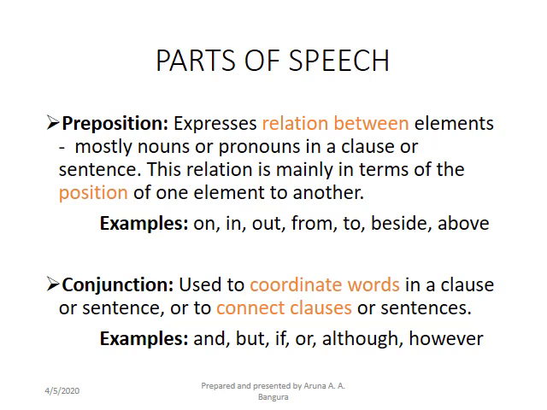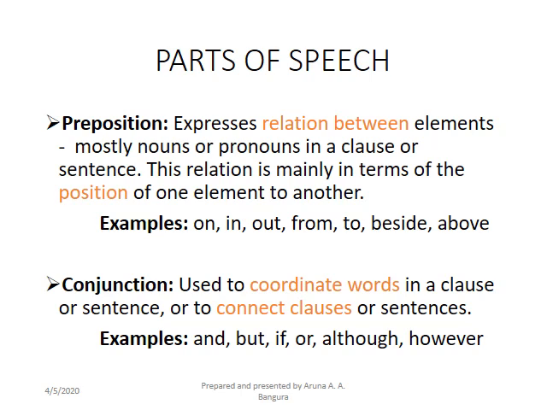Examples are on, in, out, from, to, beside, above. In other words, it shows the relationship between those two elements. For example, if there is a pen on the table, the relation between the pen and the table is what? The word on. So that tells you where exactly the pen is.